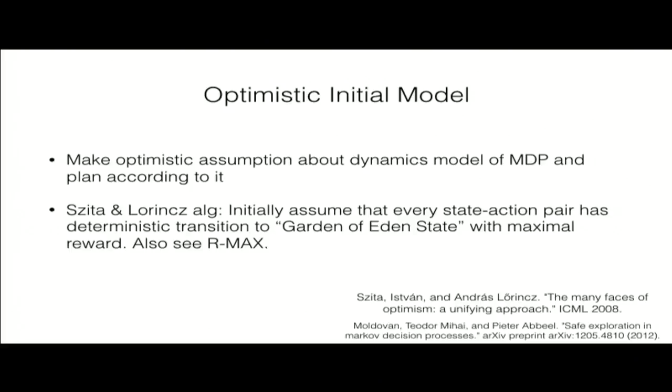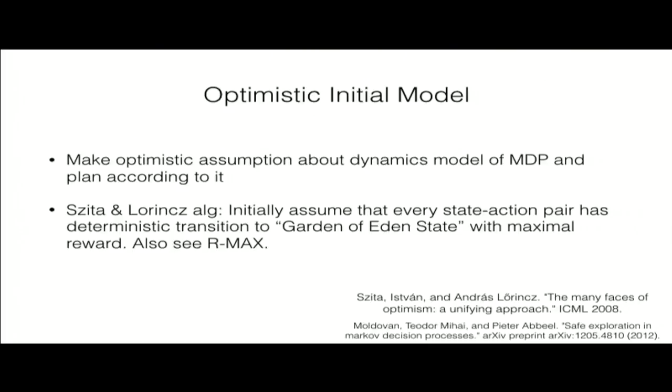Most of these algorithms have an initial model of the world which is optimistic, meaning that for state action pairs you haven't taken very often, it assumes something really good is going to happen when you take that action at that state. That incentivizes the agent to reach all the states and take all of the actions enough times that it can properly identify the values of all these state action pairs.